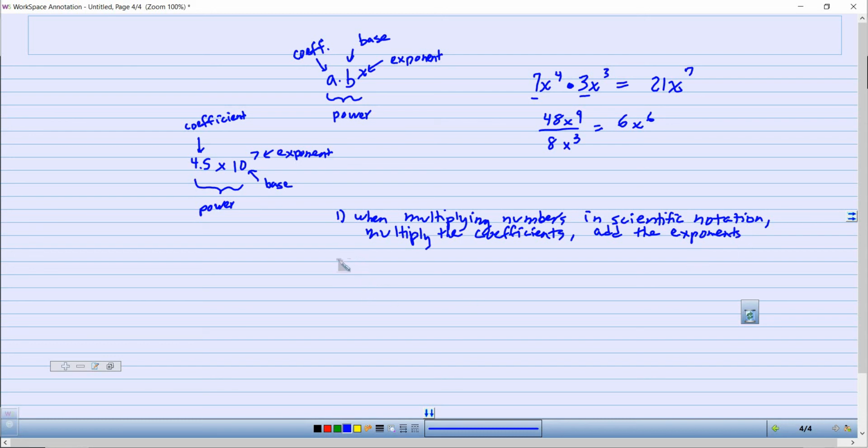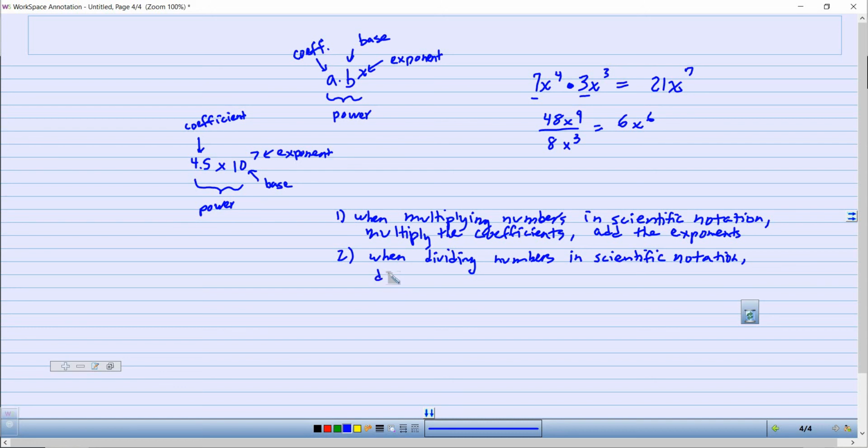All right, what are we going to do when dividing? When dividing numbers in scientific notation, what are we going to do?